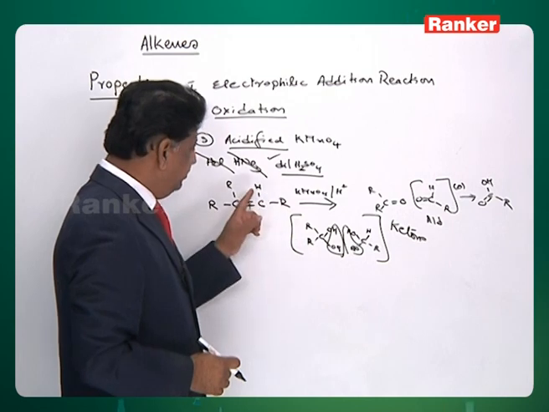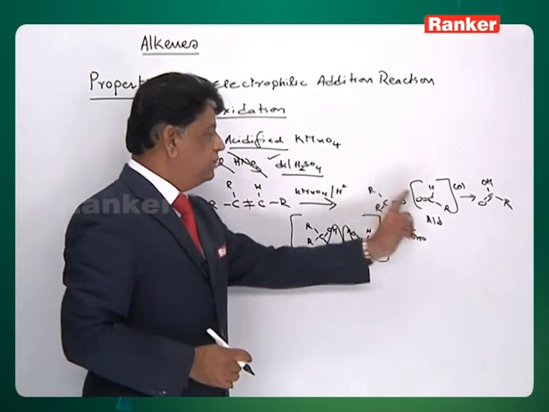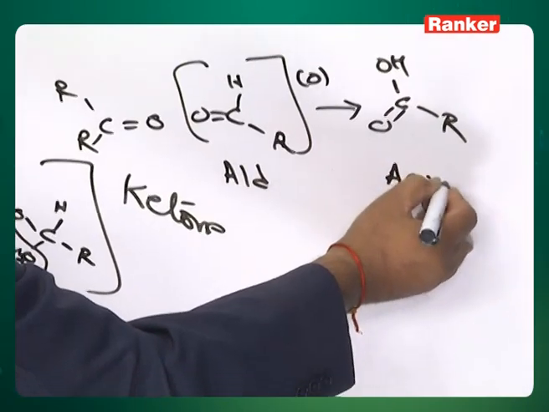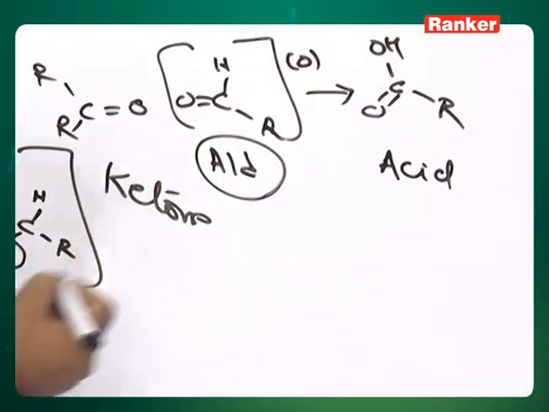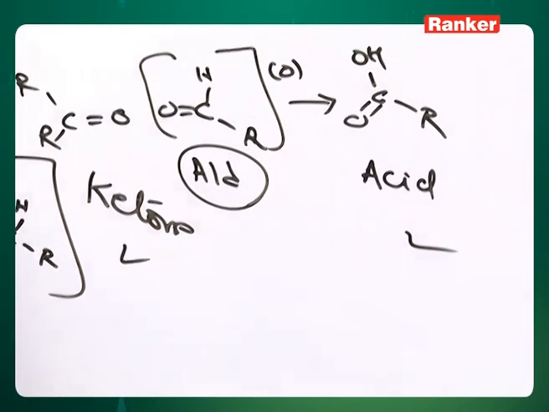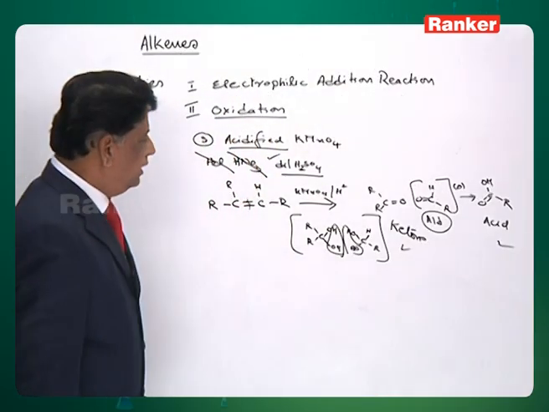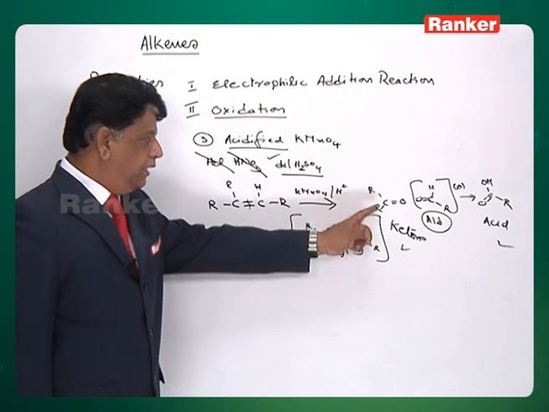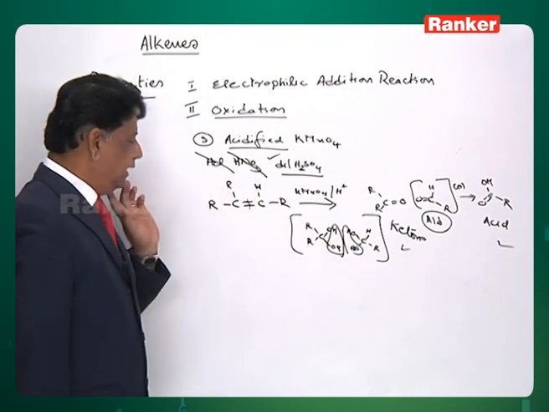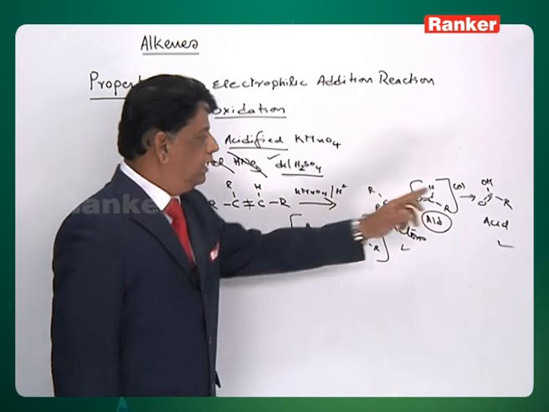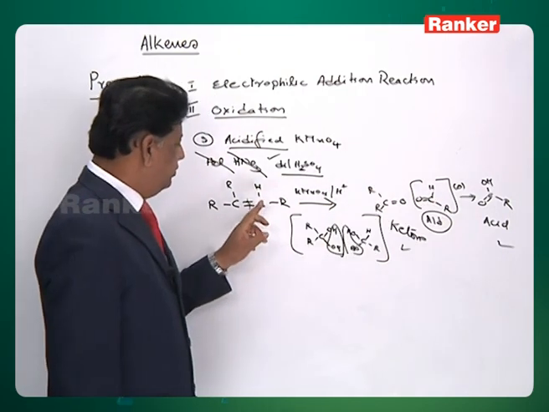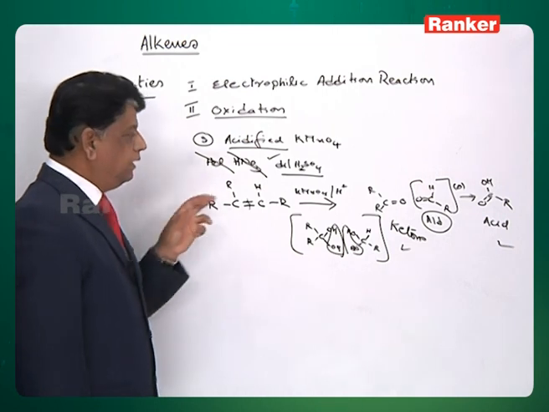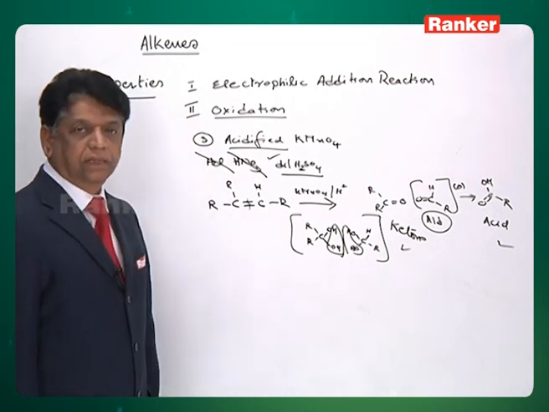But the side with 1 hydrogen and 1 alkyl becomes aldehyde, further oxidizes into the acid. So no more aldehyde at all, only ketone and the acid will be there. Which side ketone? 2 alkyl side ketone, that means a ketone containing 2 R. The carbon containing 1 R becomes acid. So 1 R containing acid and 2 R containing ketone will be the final answer.